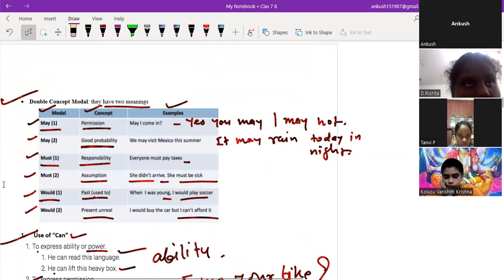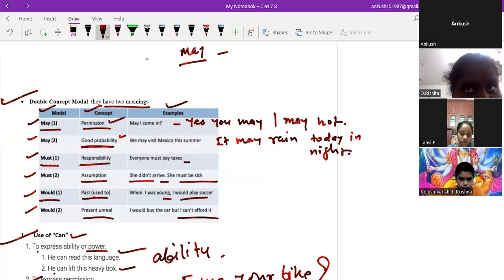Now, let us see what is given here. Double concept models are given. It means sometimes their concepts change. They are not used in just one particular way. It may be used with a double meaning, in the sense of two concepts. This may can be used for taking or giving permission, and it may also be used for probability.